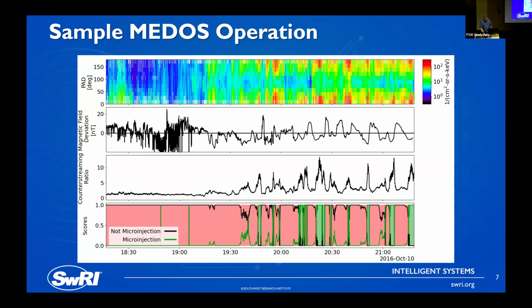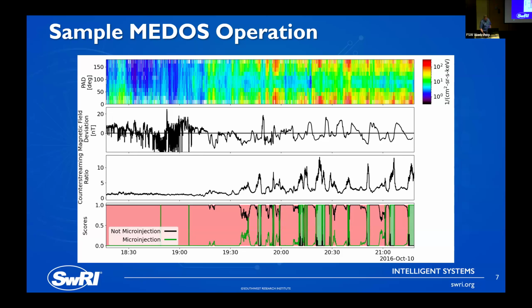With the top, there's a pitch angle distribution showing the relative intensity of flux to the magnetic field direction. And then the MEDOS software derives from that a deviation showing the field strength relative to the running mean.